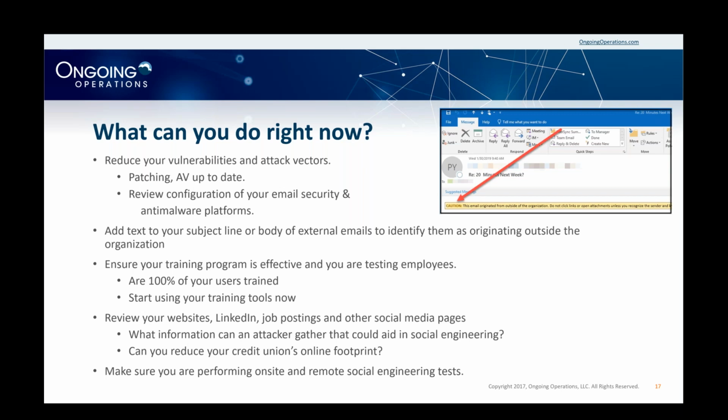Then it's not really an internal email, and it is most likely some kind of email spoofing going on. And this is a practice we really encourage credit unions to do, and it can have a tremendous impact. And it also helps educate your end users how much spoofed or external email they're actually getting that is trying to pass as internal.